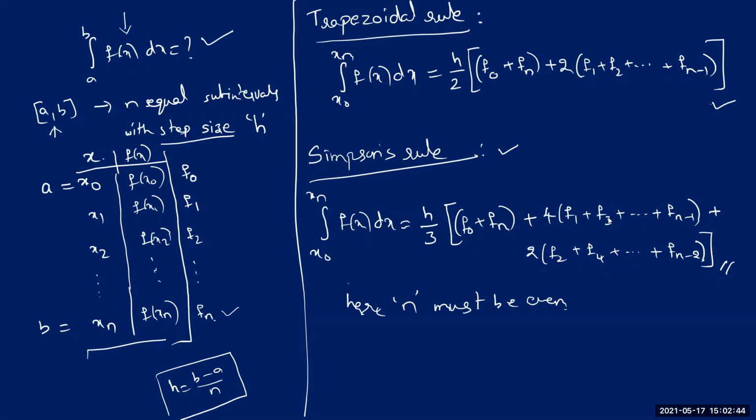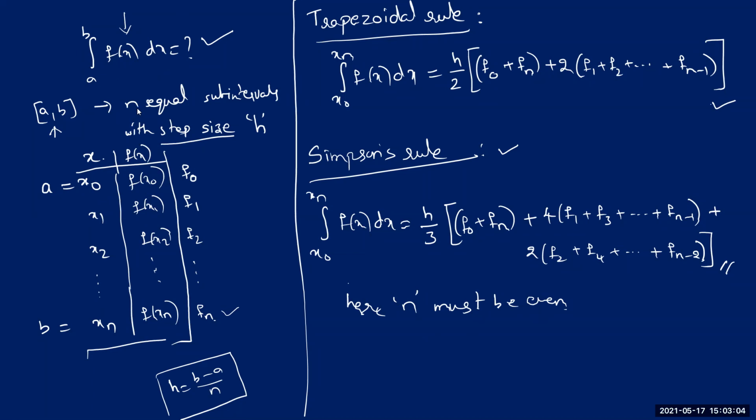So to evaluate any definite integral by these two methods, the first step we need to do is to create data of this kind. We need to divide the actual interval into n subintervals, calculate the function values at each of those points, and then use these formulae to evaluate that definite integral.